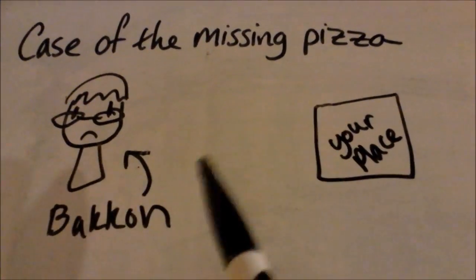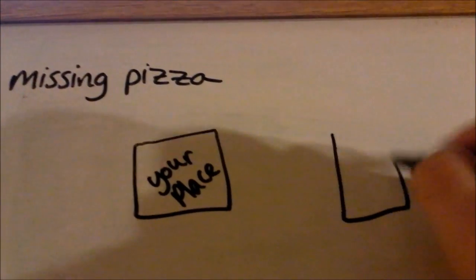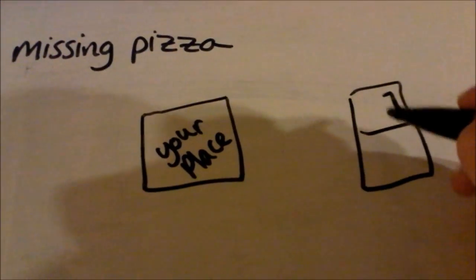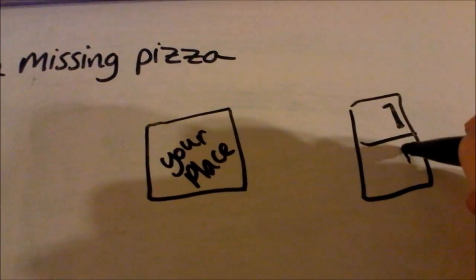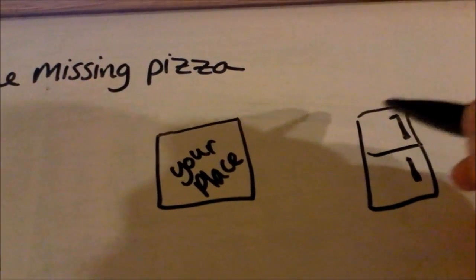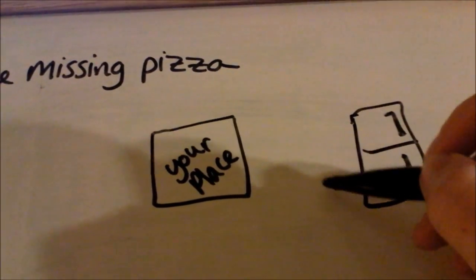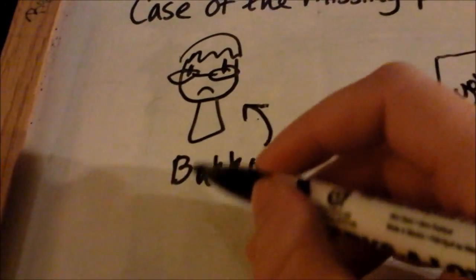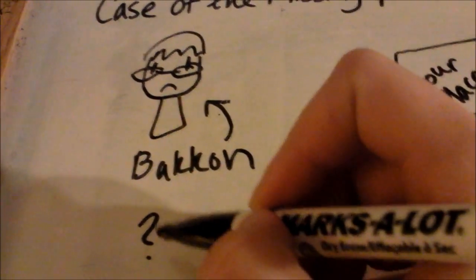And that's about it. And then for items, I guess you could check, say, the fridge. Maybe stuff isn't quite as you left it in the fridge, but that could just be a normal occurrence, or something could be amiss. So, you talk to Bacon and ask what happened to the pizza.